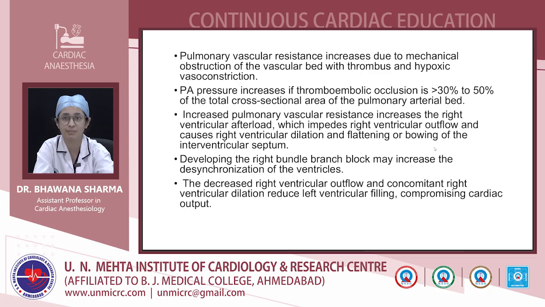Sometimes it can increase by 30 to 50%, and the pulmonary vascular resistance increases the right ventricular afterload, which impedes right ventricular outflow and causes right ventricular dilatation and flattening or bowing of the interventricular septum. Sometimes right bundle branch block also develops, which increases the desynchronization of the ventricles, and this decreased right ventricular outflow and concomitant right ventricular dilatation reduces LV filling, compromising cardiac output.